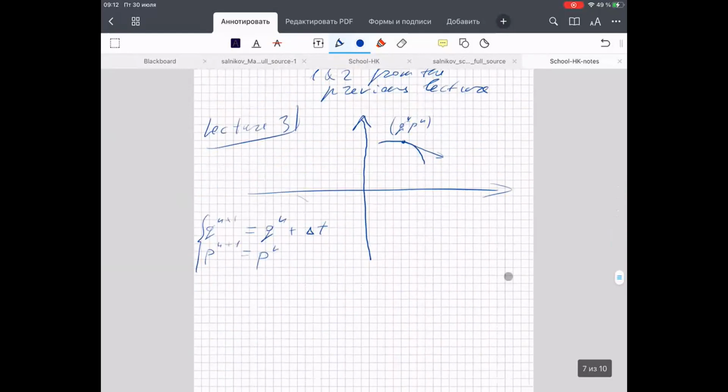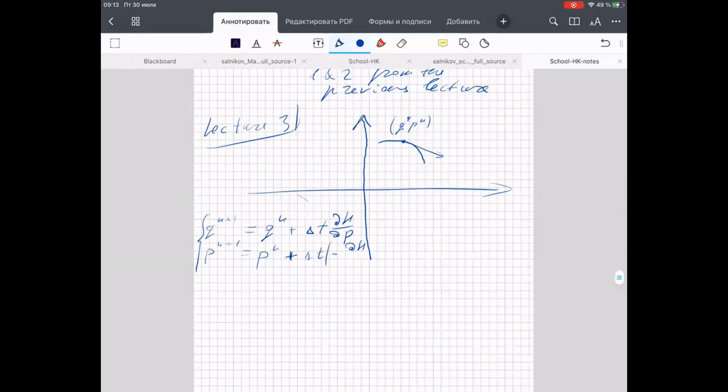So Qn dot is dH over dP plus here delta t. Okay, just to be pedagogic, I will write the minus sign here because it's still plus the finite difference, but if it turns out to be a little bit negative, so dH over dQ.